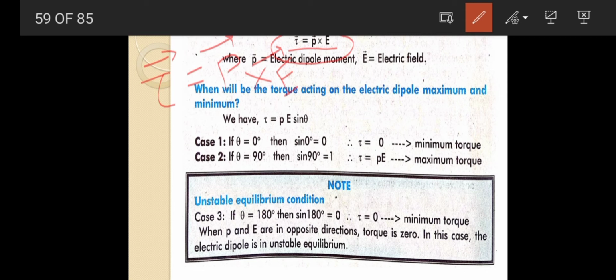That's why torque tau acting on the electric dipole in vector form we can write like this: vector P cross vector E.